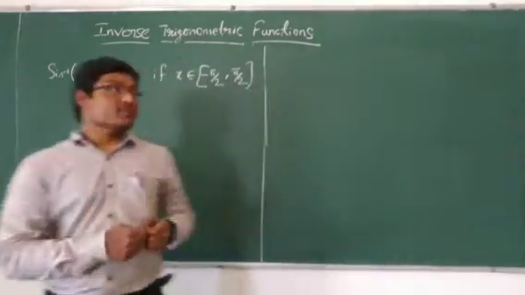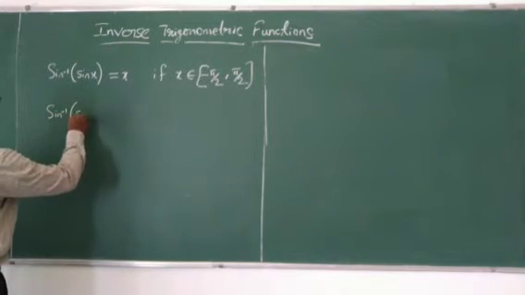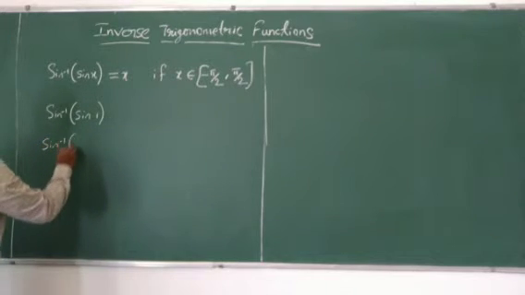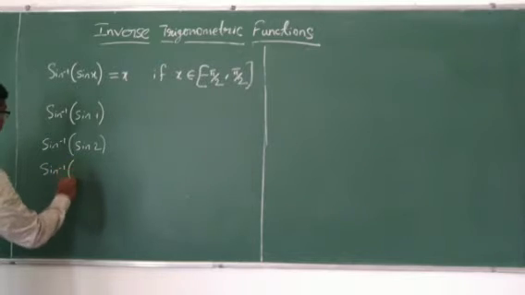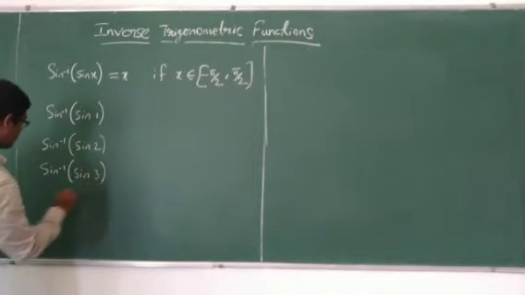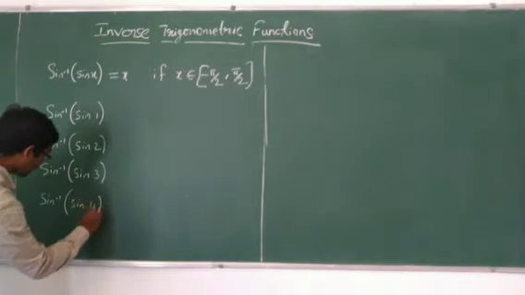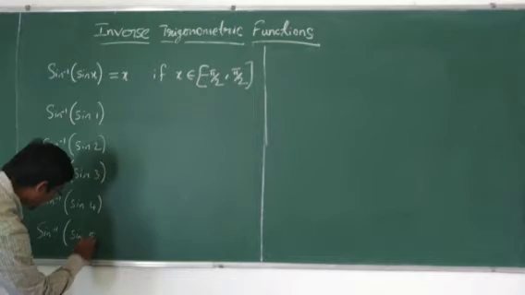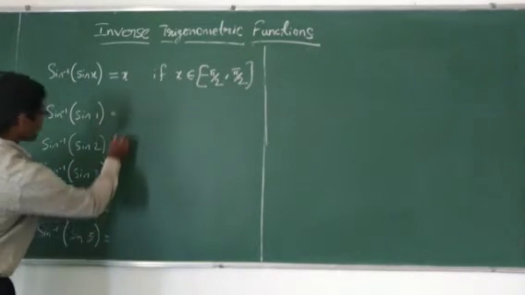Let's take some problems based on this. Sin inverse of sin 1, sin inverse of sin 2, sin inverse of sin 3, sin inverse of sin 4, sin inverse of sin 5. What are these values?